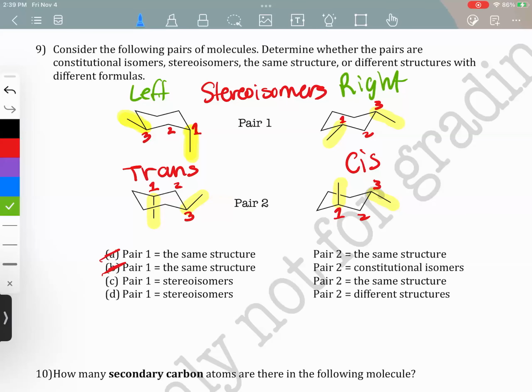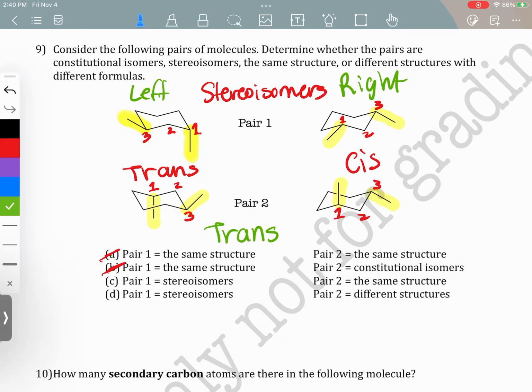All right, so pair one, stereoisomers. Pair two, the carbons are numbered the same way, same molecular formula. Is there any difference between the substituents, however? There's one up and one down on the left and right one. In both cases, both substituents are facing opposite ways. So they're both trans molecules.